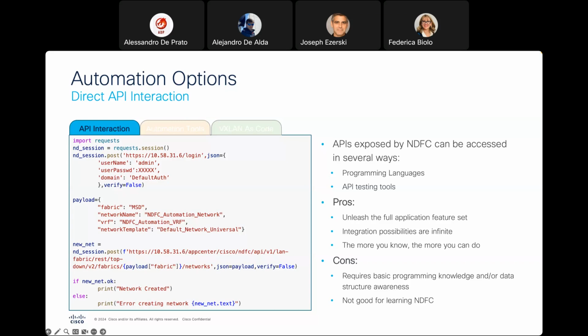Obviously, there are pros and cons for this direct API interaction. Pros, definitely, you have the full functionality set available to you. All the APIs that are used by the application can also be used by your scripts, by your code, let's say.